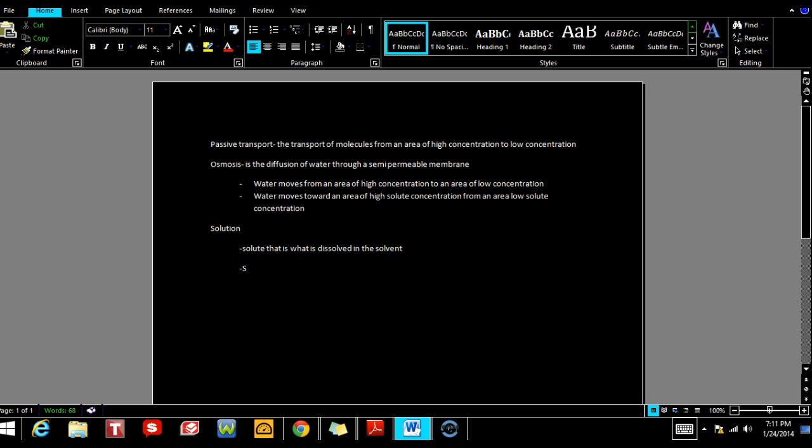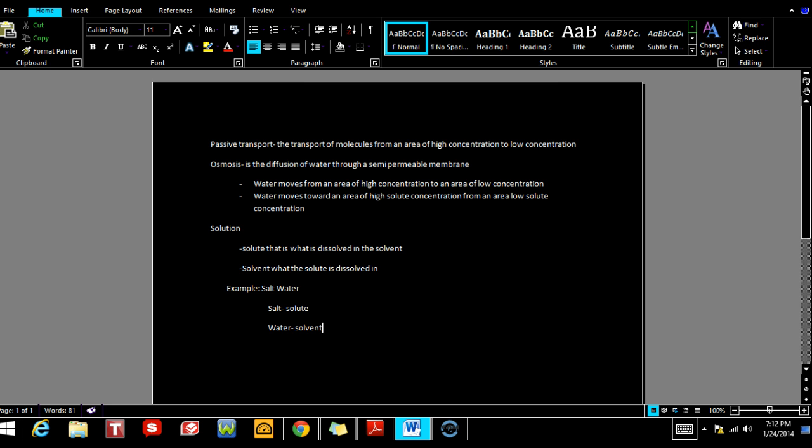And then there is the solvent, what the solute is dissolved in. A great example of this is salt water, where salt is the solute and water is the solvent.